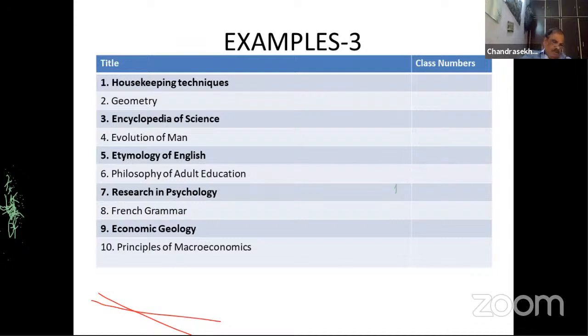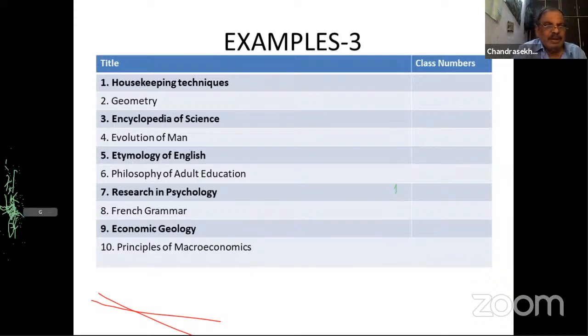Under 150 psychology, 072 is a standard subdivision. Here they have given 150.724 is experimental research. 150.7 is education, research, and related topics. Here it is not 072, it is only 7. So even if we give 072, don't worry.